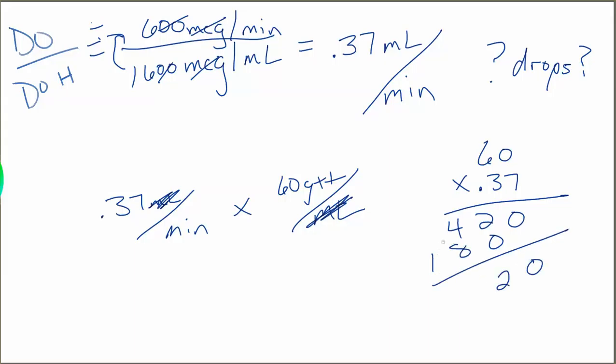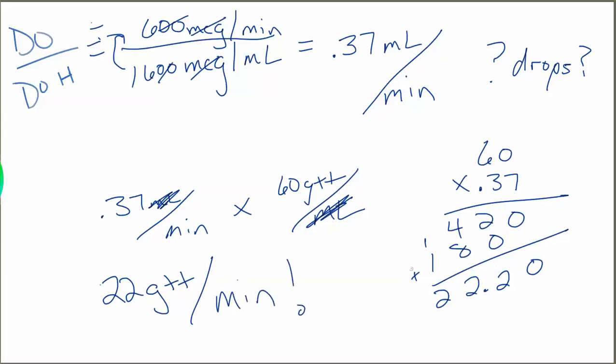So bring these down, 8, 9, 10, 11, 12. Now carry the 1, and that gives us, we've got to move our decimal points, 22.2 or 22 drops per minute as our answer. So we've got it figured out.